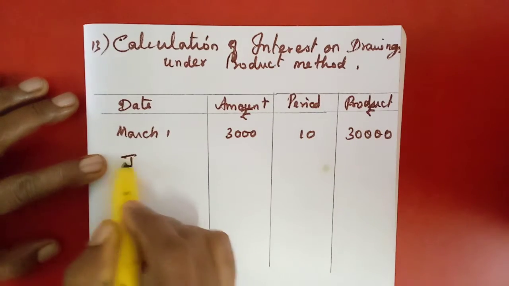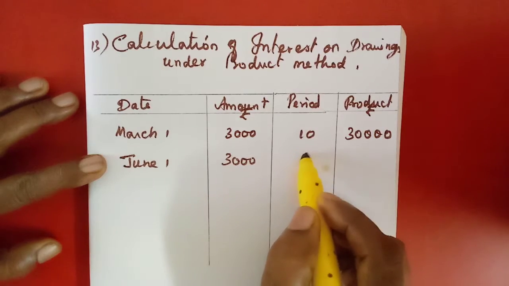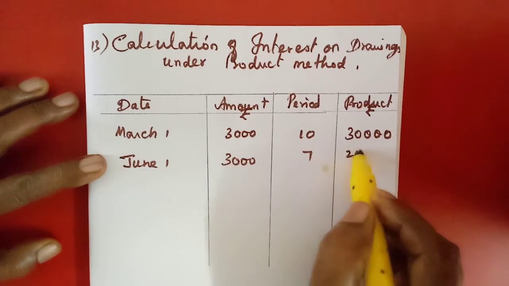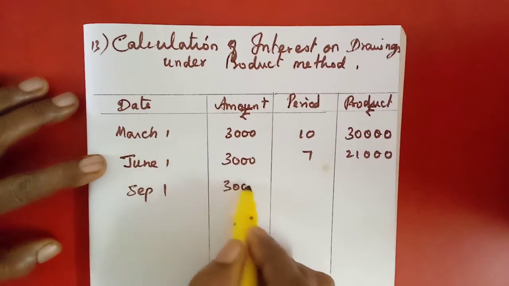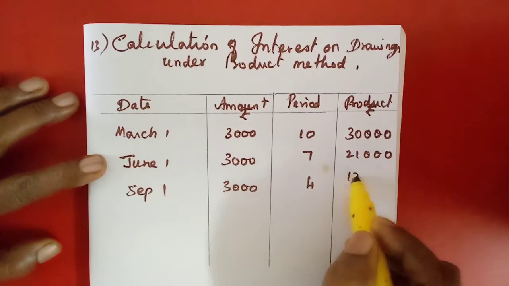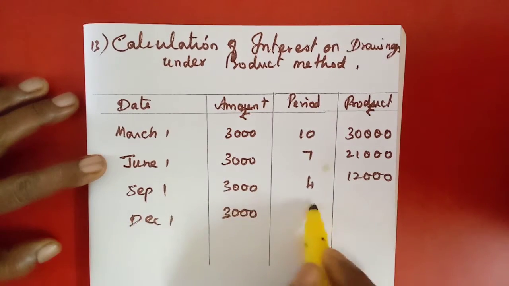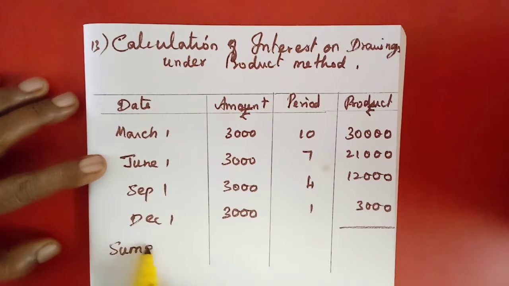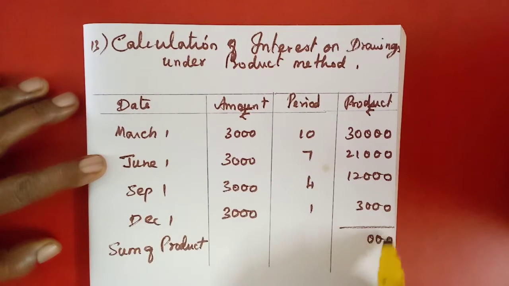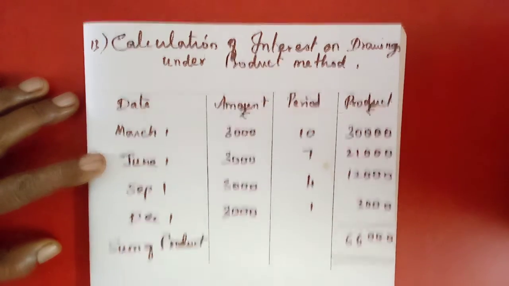Then June 1, again 3,000, for 7 months: 21,000. Then September 1, 3,000, for 4 months: 12,000. Then December 1, 3,000, for 1 month: 3,000. We will find the sum of product: 66,000.